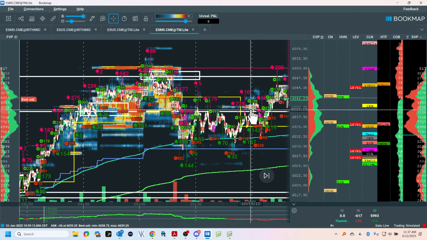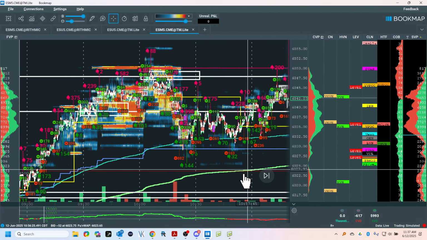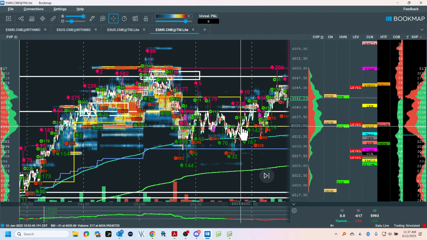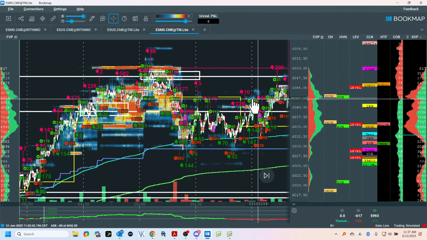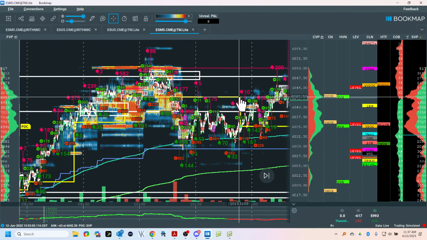I can hit this and bounce off it and then come down to full session VWAP and fall out the bottom, whatever it does, then it does. What happens here is what? It drops. Now I have two possibilities. Push off and come back here and maybe there, I don't know. But this is now resistance for me.